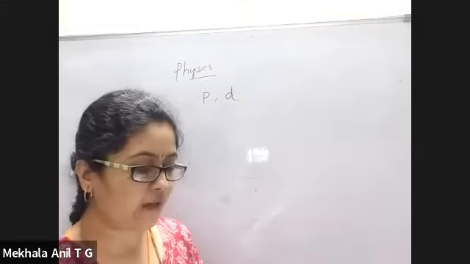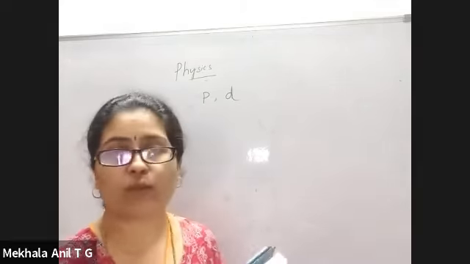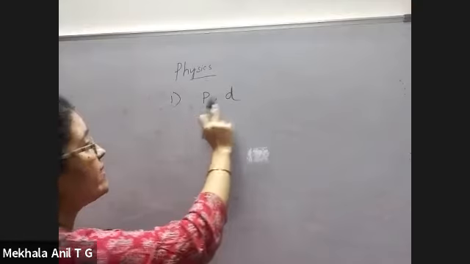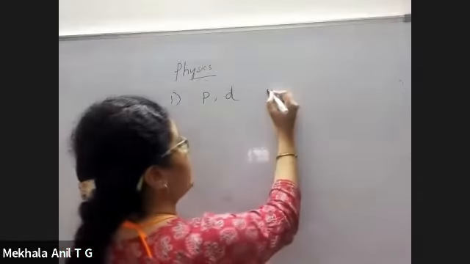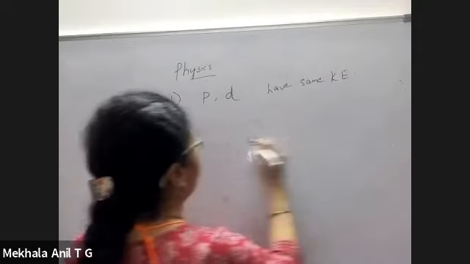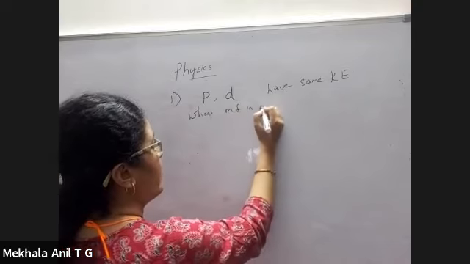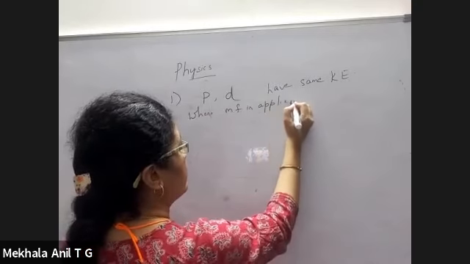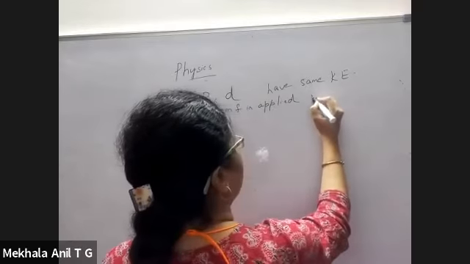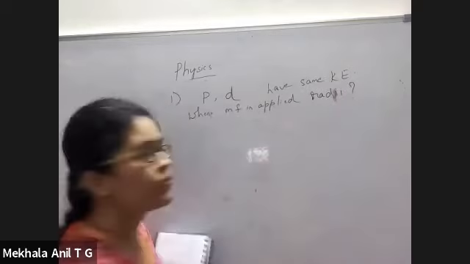Compare the radii when a magnetic field is applied normal to their orbits. So the problem has given a proton and a deuteron with the same kinetic energies. When a magnetic field is applied, what will be the radii of them? So this is the question.